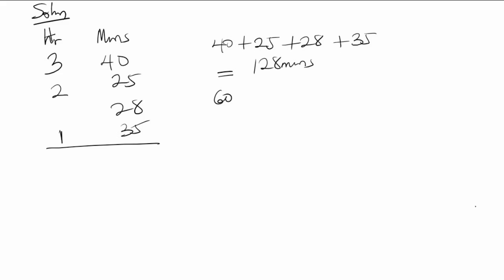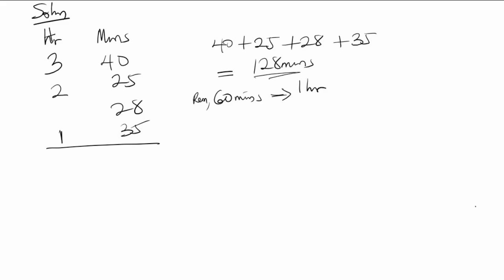And remember that 60 minutes is 1 hour. Obviously, this 128 minutes is more than 60 minutes, which means it is more than an hour. So how many hours can we get from 128 minutes? We cannot write 128 in this minutes column because it is more than 60.